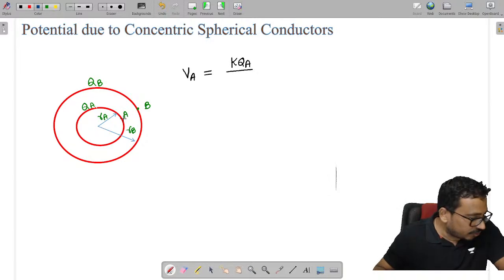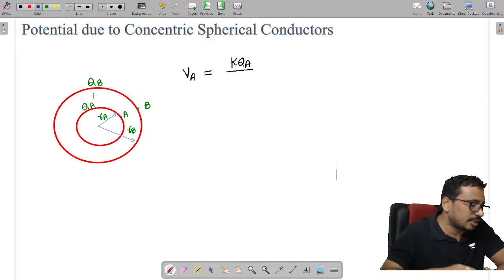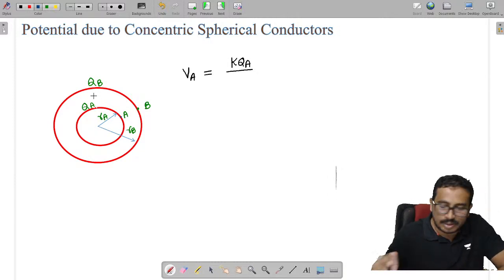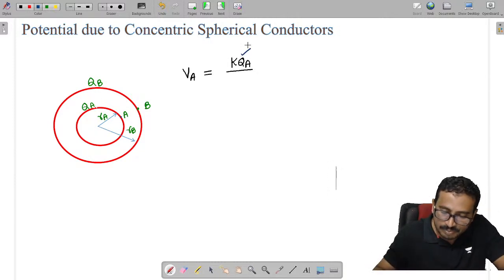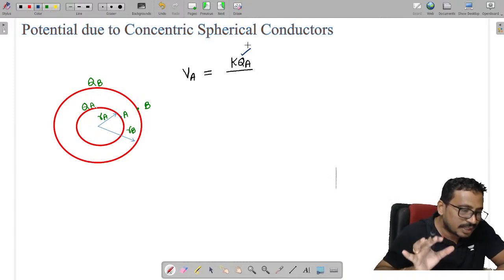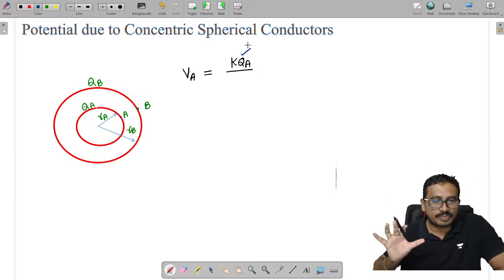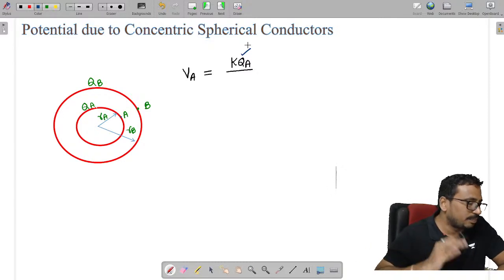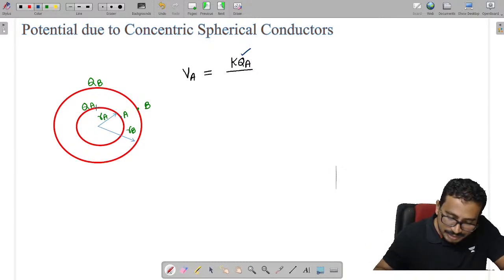Now I want to find the potential. Now you have to see what type of charge I am talking about. I am talking about the QA charge. We are finding the potential because of QA. So you see the QA sphere radius only. QA sphere radius and distance you need to compare. The QA sphere radius is RA, and I have to find the potential at this point only.